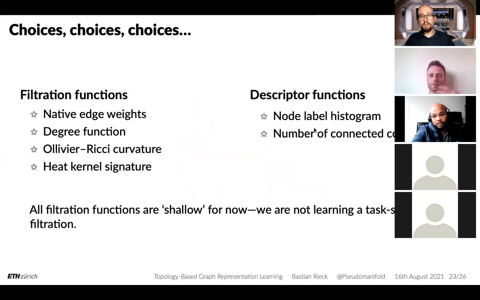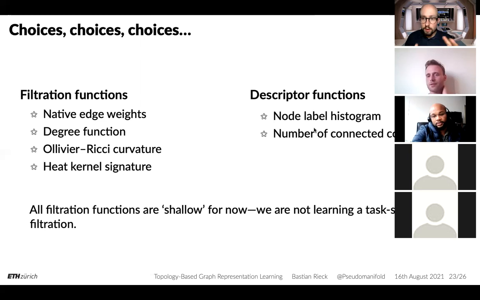You construct the graph from the initial nodes, you add the edges by the native edge weights, right? So how do you actually then build up your node label histogram? Because technically all nodes are there from the beginning, right? So do you say, okay, when they belong to a component that is created, then we add them?